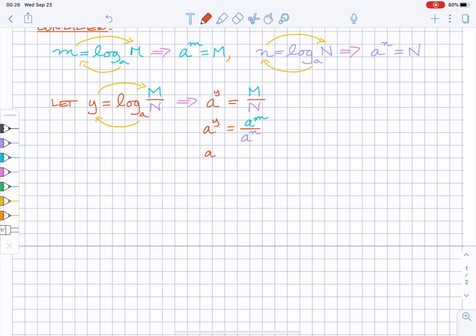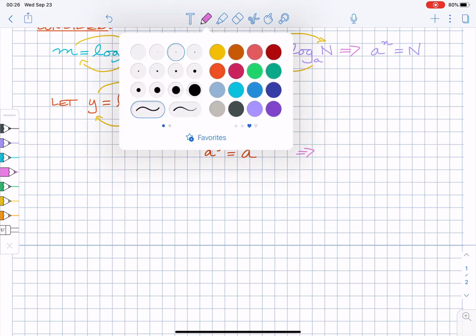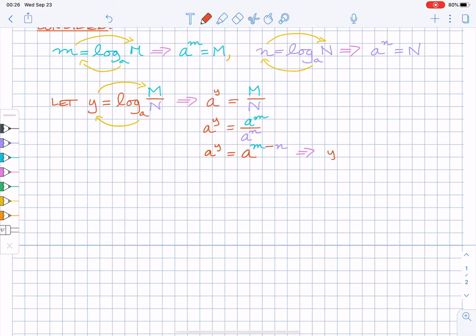We can use the quotient rule for exponents, and this will be A raised to the m, the exponent in the top, minus n, the exponent in the bottom, by definition, right? Well, since the bases are both the same on either side, this must mean that y is equal to m minus n, because the exponents are the same.